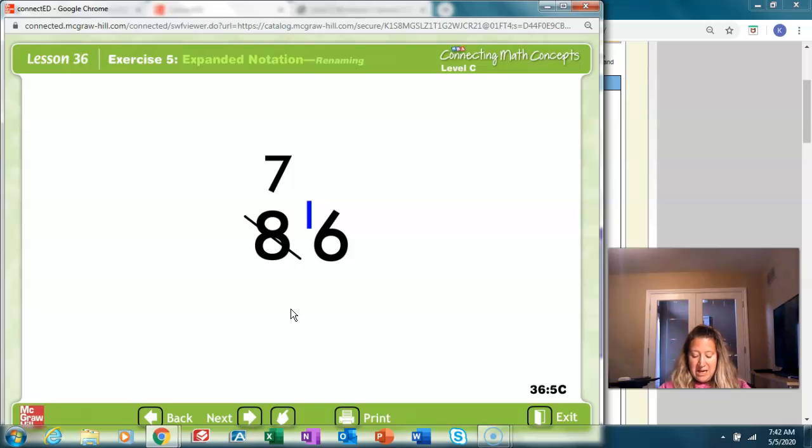So cross out the 8 and write the new number above it. What number did you write above the 8? 7. Now you're going to change the 3 by adding 10 to it. So go ahead and add the 10 next to the 3, and this is what you should have.